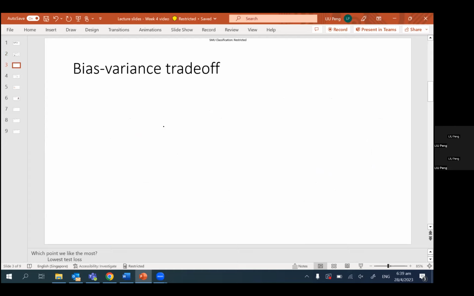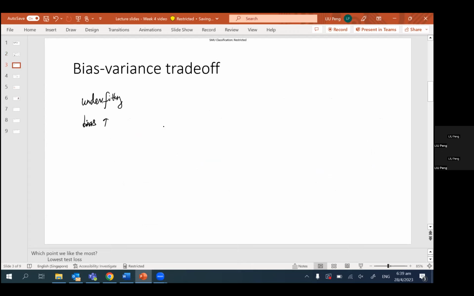So essentially, this underfitting and overfitting represents what we call the bias-variance tradeoff, right? When it is underfitting, we see that the bias is very high.